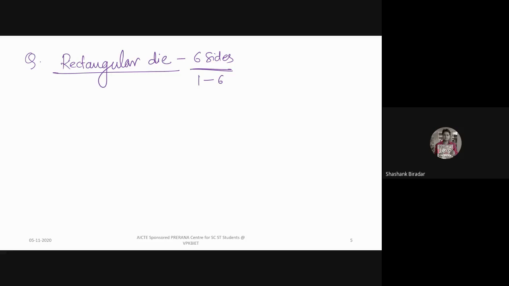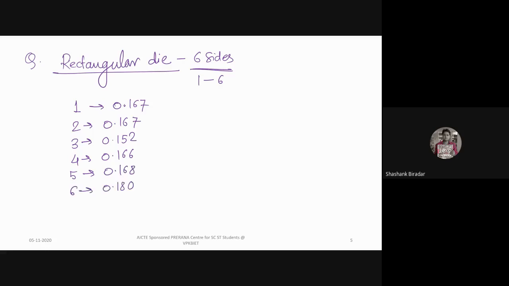If a very large number of throws show the following frequencies of occurrence: one has 0.167, two has 0.167, three has 0.152, four has 0.166, five has 0.168, and six has 0.180.